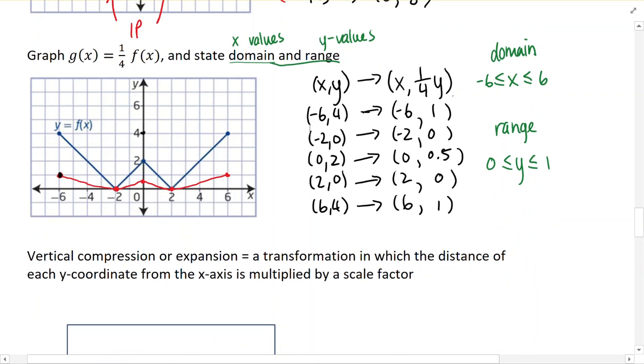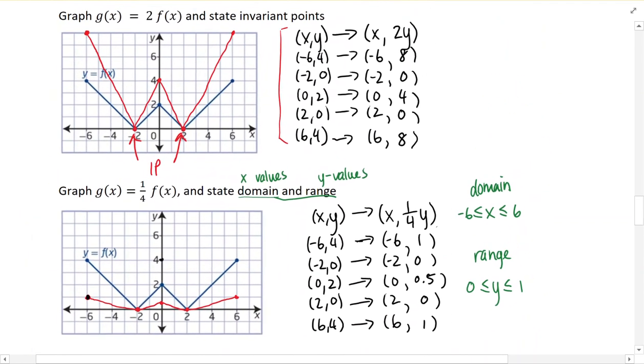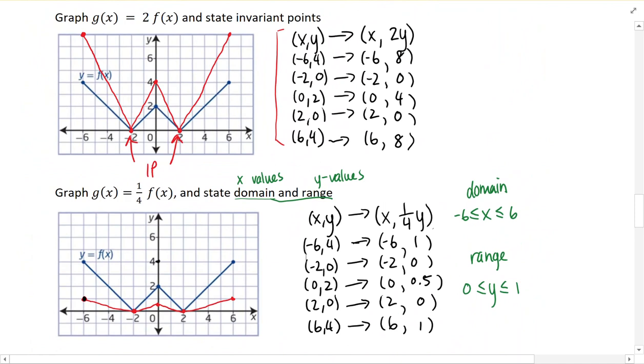Okay, so looking at these two pictures here, we see that in the first picture, our W definitely has gotten pulled vertically, kind of taller, whereas in the second picture, it got squished, kind of like it was compressed down.